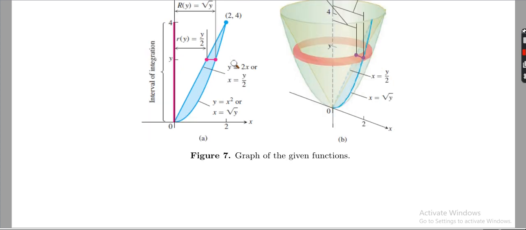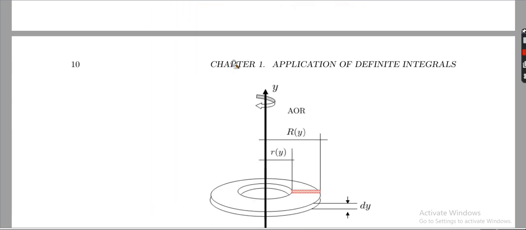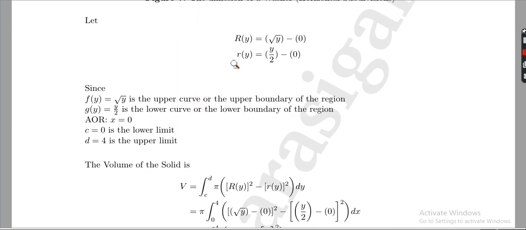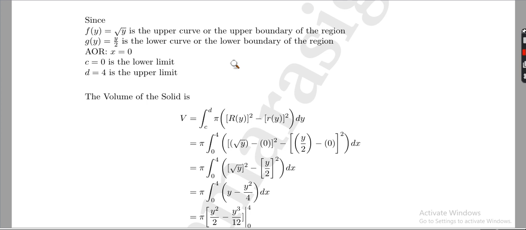Okay, now let's have the formula. The volume of the solid, V, is equal to the integral of pi times the outer radius in terms of y, then square, minus the inner radius in terms of y, then square, and then dy evaluated from c to d.